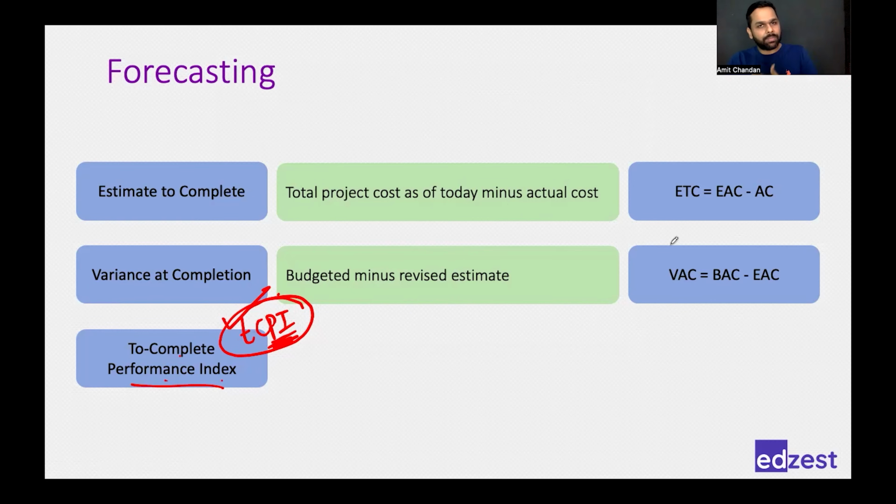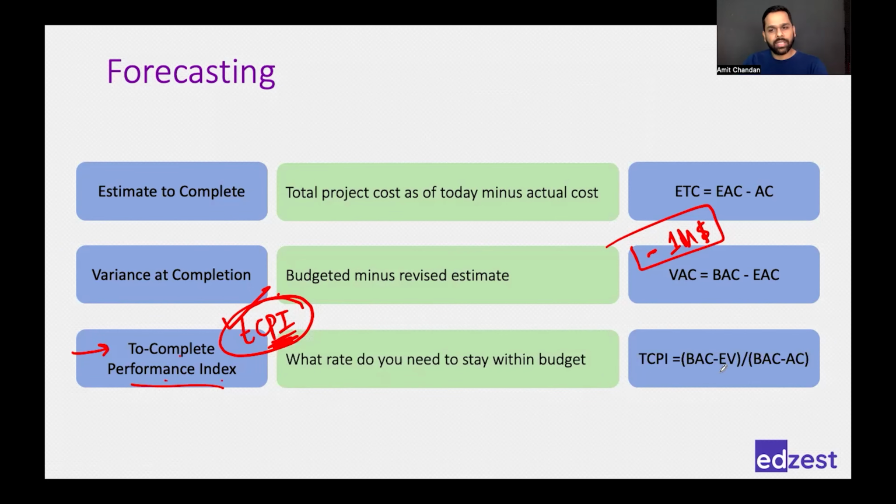See, the minute you tell your management that I need $1 million extra, they will not give it to you just like that. Okay, you are such a nice project manager, take this money, enjoy. They're not going to do that. They'll ask questions. And they'll also ask, okay, can you finish it within budget? What do you need to do? What should be your efficiency? And based on that, probably they'll take a decision. So if they ask you, what is the efficiency at which you need to spend the money for the remaining period of time, you will calculate something called to complete performance index, what is TCPI.